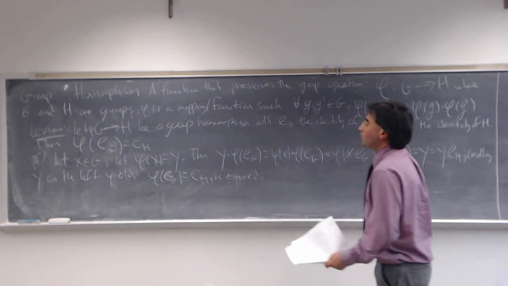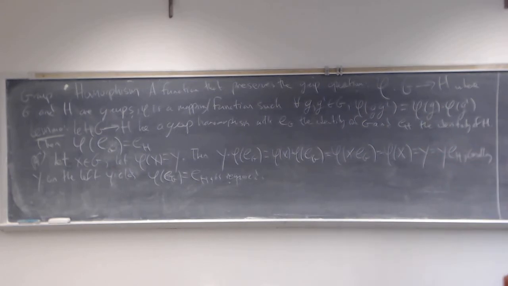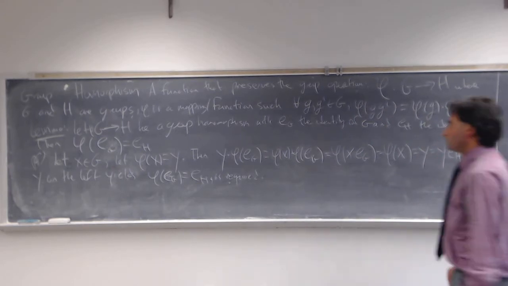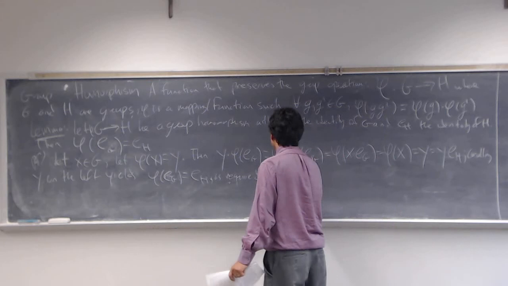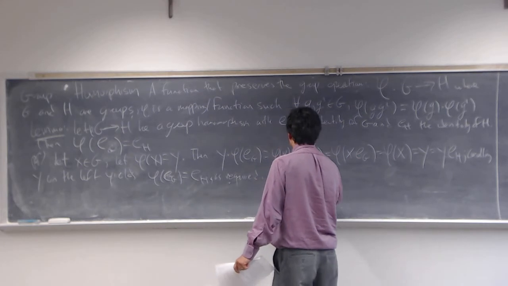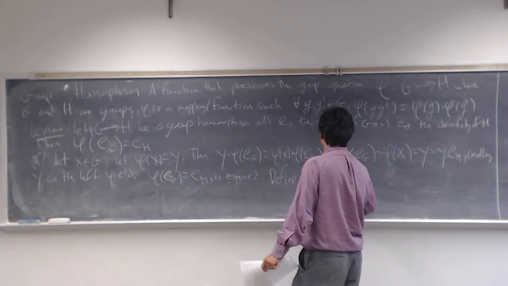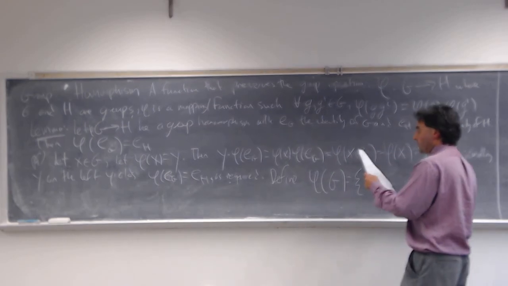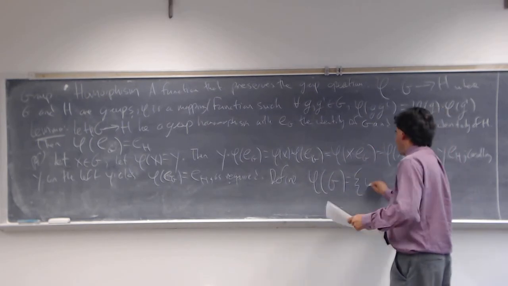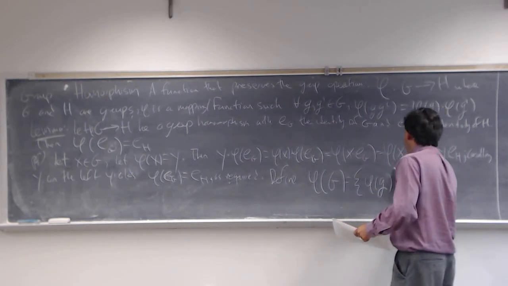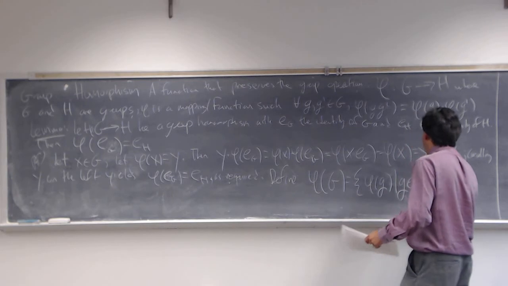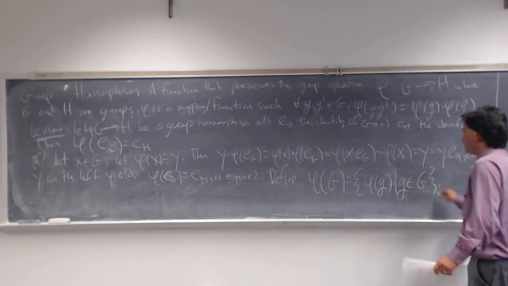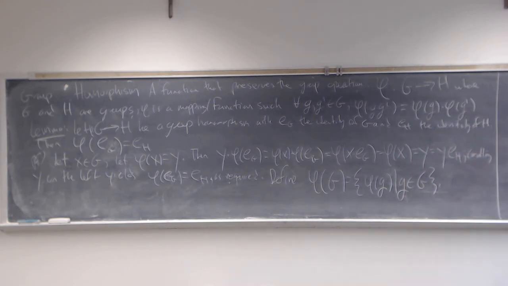Okay, we have another definition, sort of the range of a function. We define phi sub capital G to be the set of all phi of little g as g goes through the group G. That set is what's known as the range.